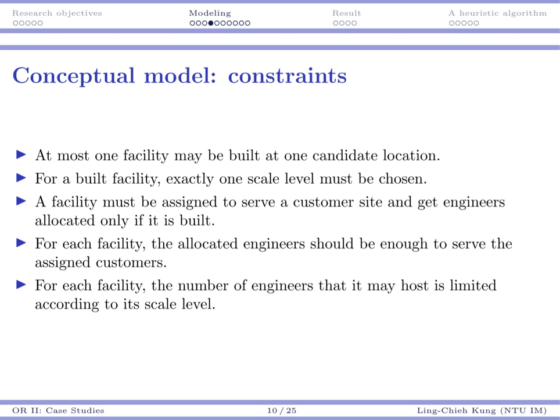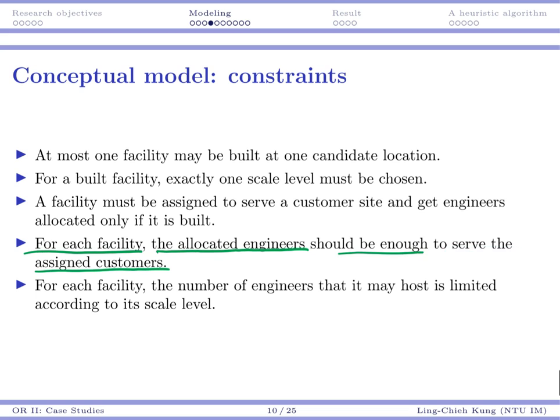Also, that's a constraint. And also, if you have facilities, for each facility, the number of allocated engineers should be large enough so that they have the energy, they have the capability to serve all those assigned customers. You cannot assign 10,000 customers to one store where you only have one or two engineers in that particular facility.